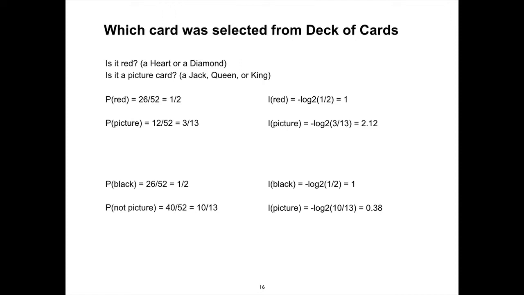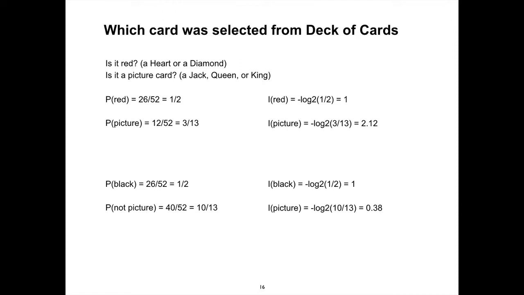And so we can start asking, the probability of it being red is 1/2, right? Because half of the cards are red, half of the cards are black. And then the information content when the answer is yes is minus log 2 of 1/2, which is 1. The probability of it being a picture card, again, there's 12 cards out of 52 which are picture cards, so that's 3 over 13.